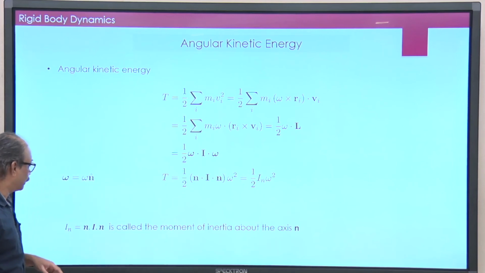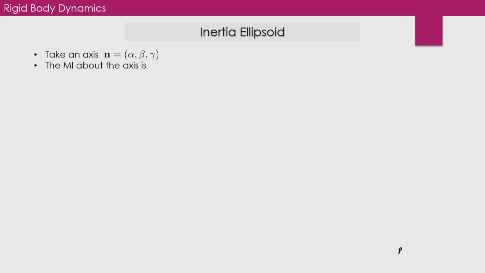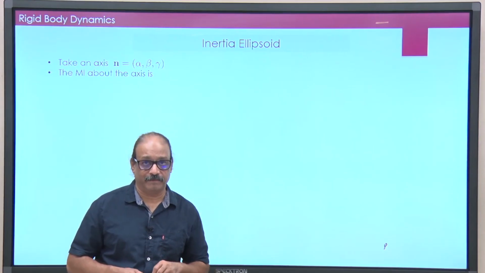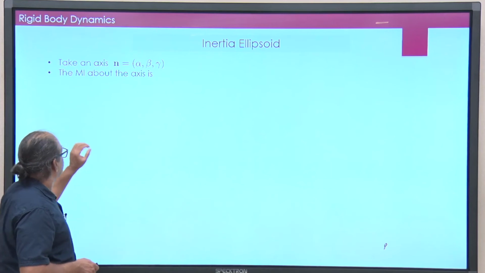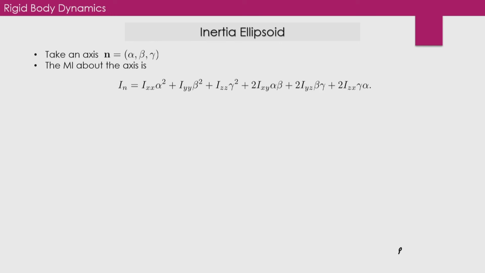Okay. Fine. Now, to go a little further, if I take, for example, some axis n cap, and let me put 3 components to this n cap, say alpha, beta and gamma, what would be the moment of inertia about this? Now, I can actually calculate this.